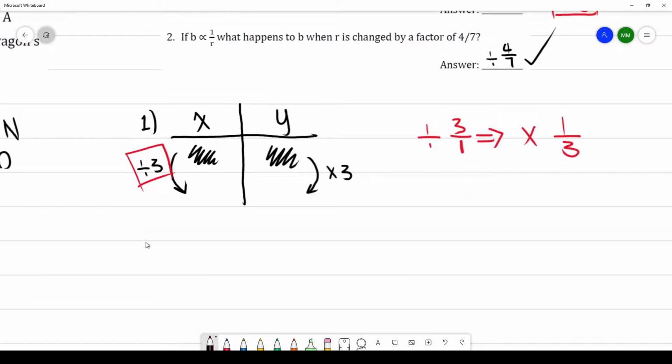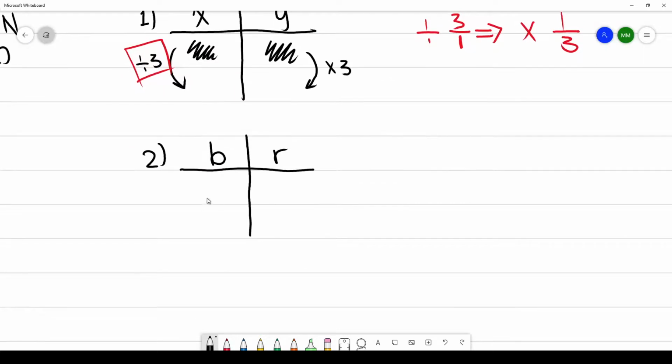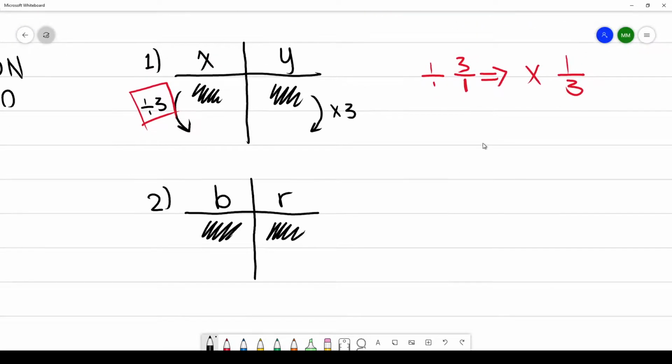And for number 2, it's not exactly the same. It's a bit more complicated, gotta say. But not really. It's B and R, right? So first, I have a B, some number, and then another number is R. So R is multiplied by 4 over 7.